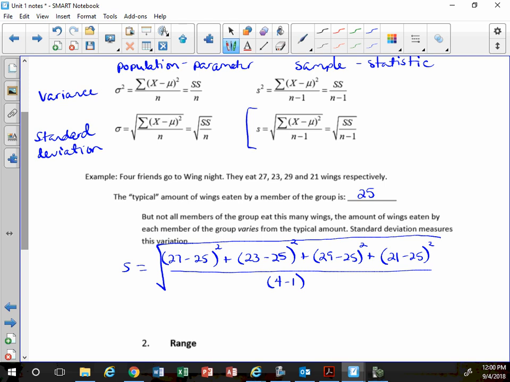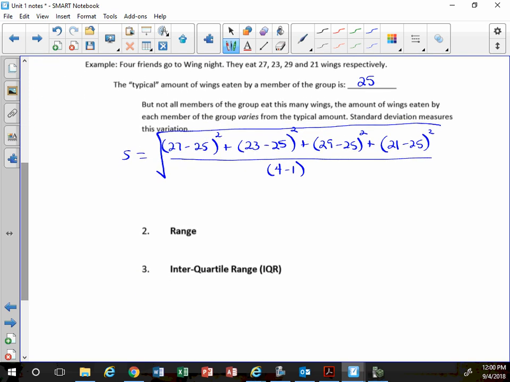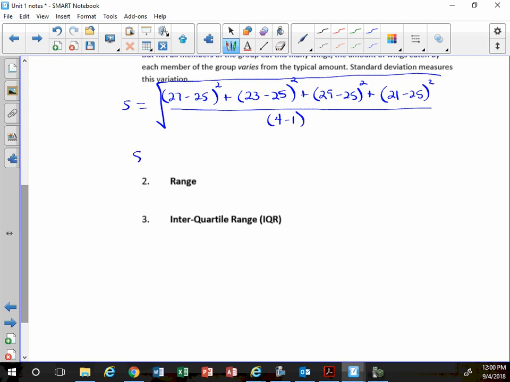Do you guys see why you wouldn't want to do this by hand with, you know, our 91 people in our other little dot plot? Would you really want to find the standard deviation by hand? Let me move it up a little so you guys can see better. So go ahead and calculate for me what S is. And then we'll go through how you're actually going to do this on the calculator.